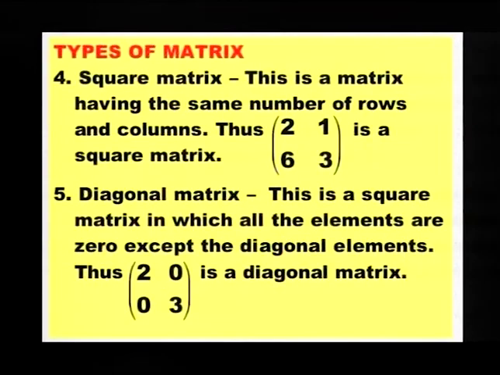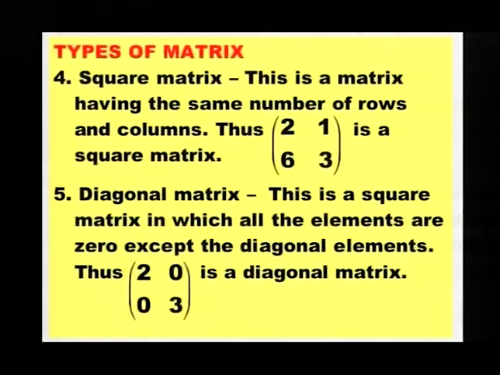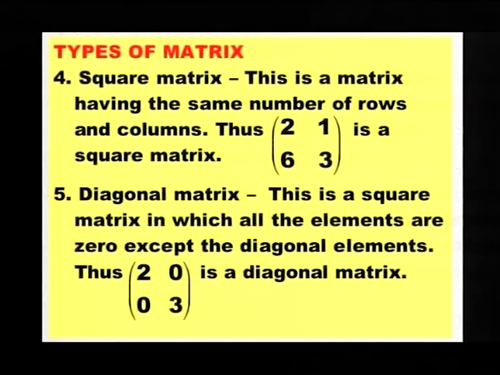Okay, number 4 is a square matrix. This is a matrix having the same number of rows and columns. It doesn't matter how many rows and how many columns it has, so long as it has the same number of columns and the same number of rows, it's called a square matrix. So this one has 2 rows and 2 columns. Number 5, diagonal matrix.